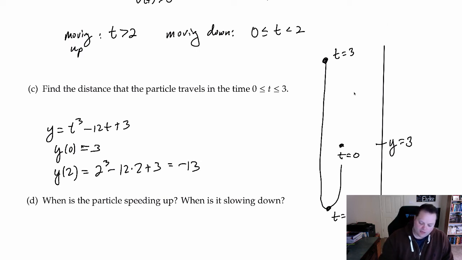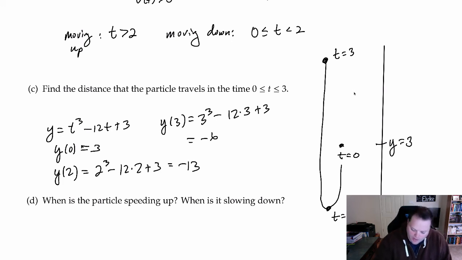What is it at 3? So 3 cubed is 27 minus 36. 27 minus 36 is negative 9. Negative 9 plus 3 is negative 6. So I didn't have a great initial drawing of this.